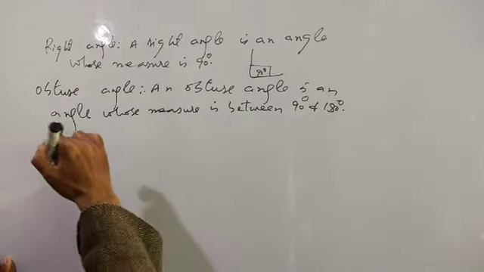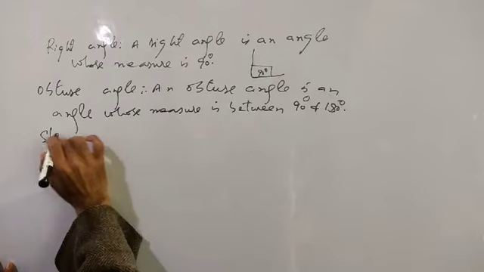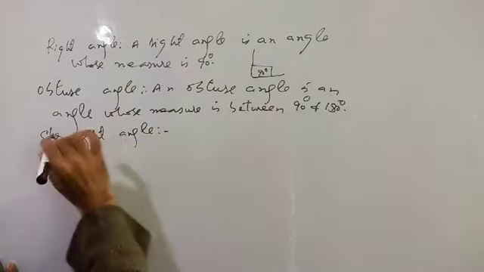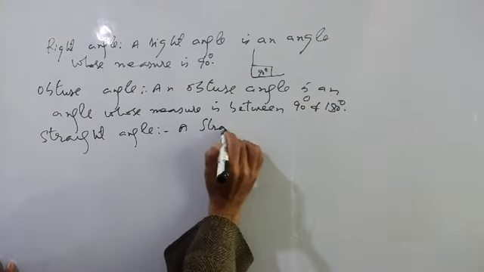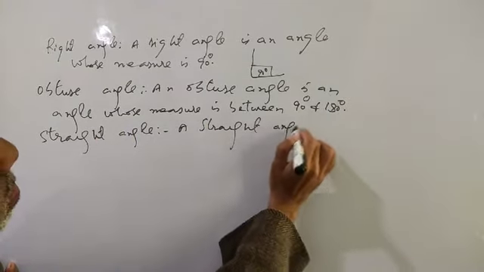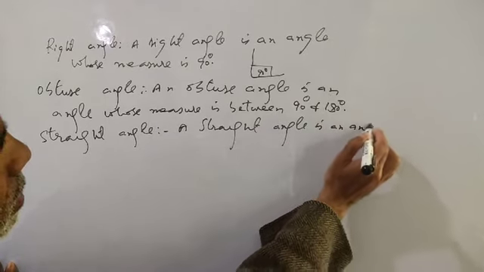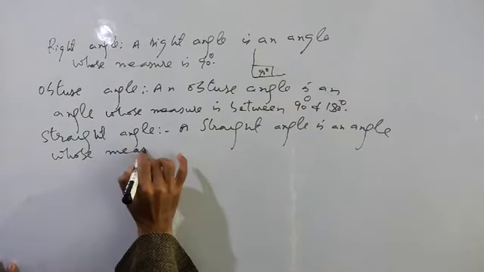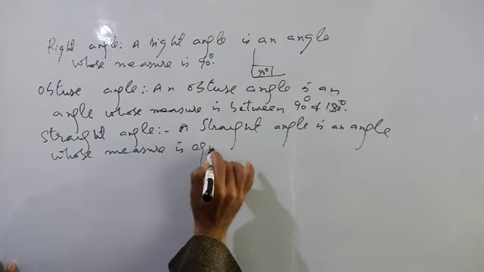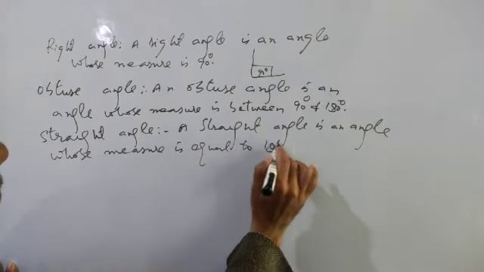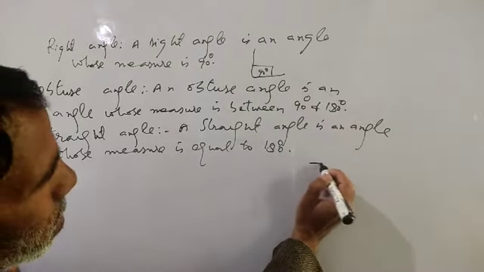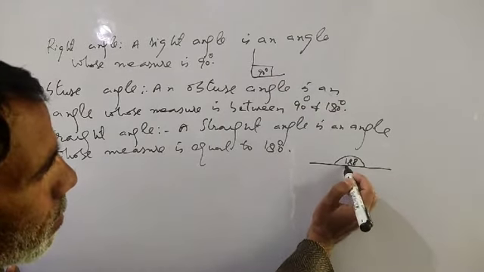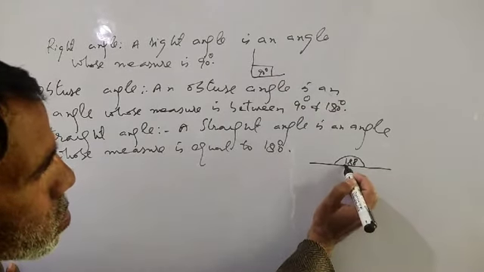After this, we will state the straight angle. A straight angle is an angle whose measure is equal to 180 degrees. This is a straight angle AOB.